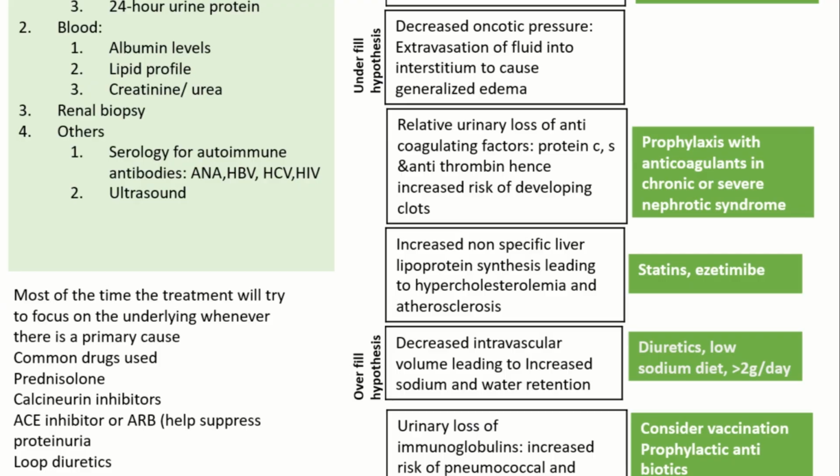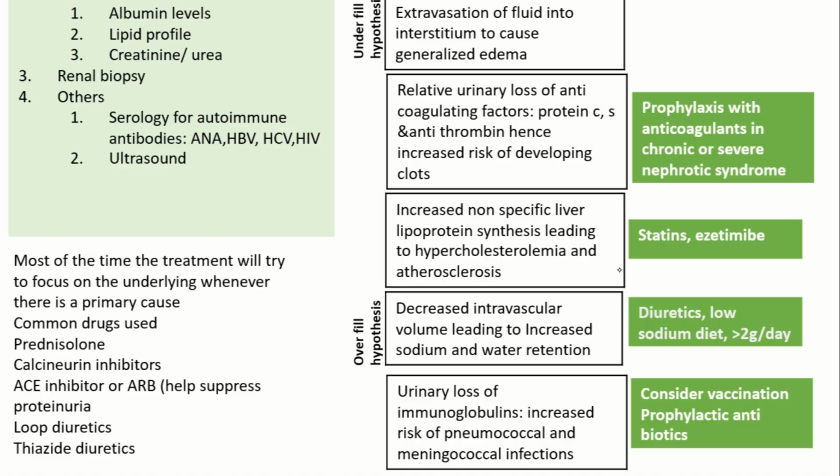In the overfill, it is due to the activation of the RAS and the retention of increased sodium and water. But the underfill hypothesis is due to decreased oncotic pressure, as we talked about, due to the loss of the proteins that then leads to fluid going to the interstitium, and then we have generalized edema.